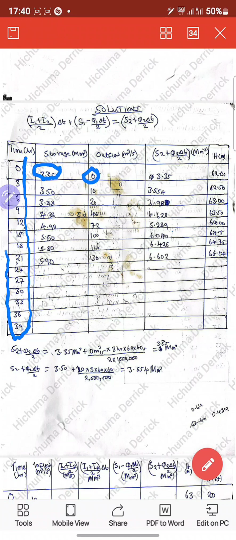In most cases they try not to complicate things, so this is given as a constant difference in time, for example in this case 3 hours. It's continuously 3 hours all the way up to the end of this flood movement. But sometimes at a certain point in time it might change, so you need to be very careful. You don't need to take the mentality that all the time it is the same.